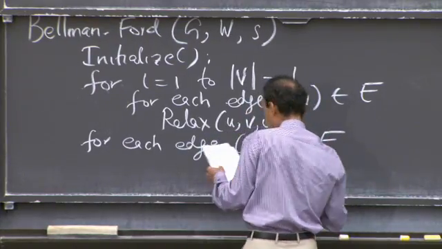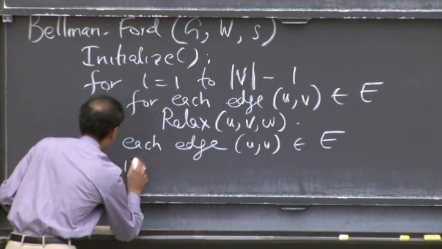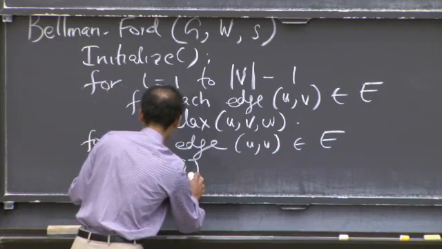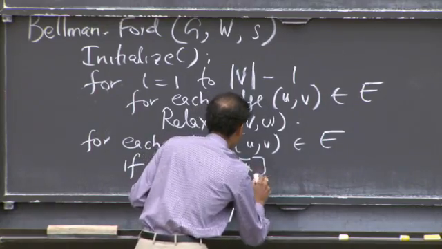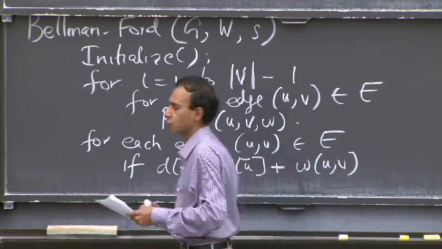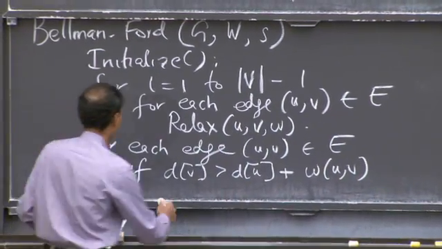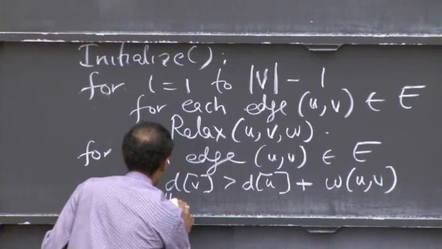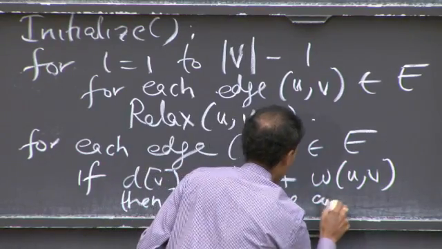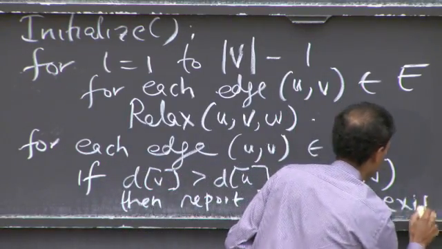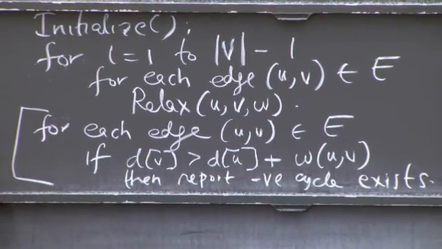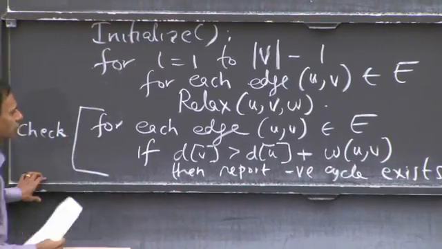For each edge in the graph, you're not doing a relaxation, you're doing a check to see if you can relax the edge: if d_v is greater than d_u plus w_uv, then report that a negative cycle exists. So this is the check, and the first part is the computation.